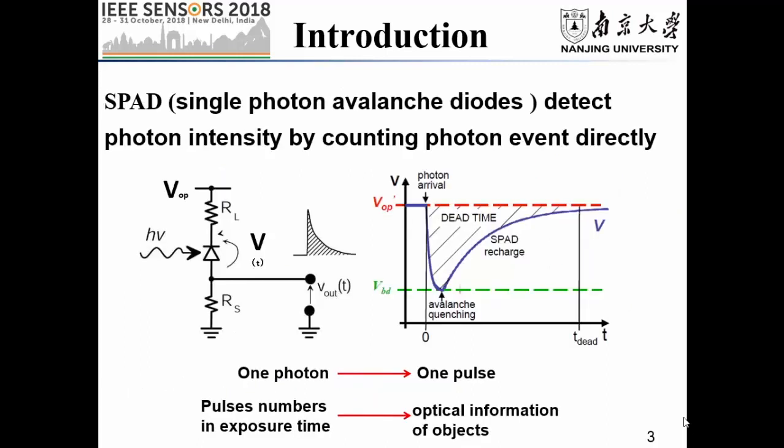The SPAD, which is short for single photon avalanche diode, detects photon incident intensity by counting photon events directly. When a photon is incident on the SPAD, it may cause an avalanche and output a pulse after the quenching circuit.